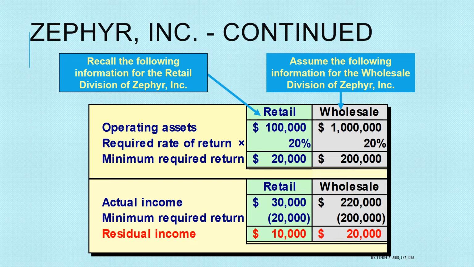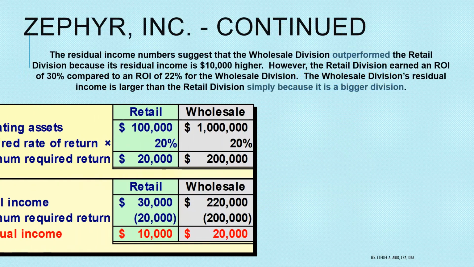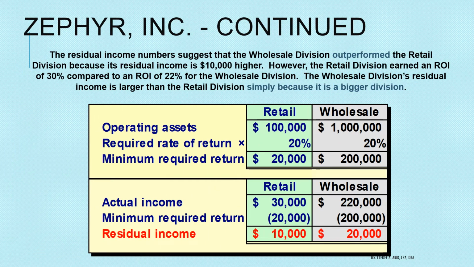So, therefore, the residual income of Zephyr Incorporated for the wholesale segment is 20,000. So, if you notice, your residual income numbers suggest that your wholesale division outperformed the retail division. Kasi nga, yung kanyang residual income is 10,000 higher.